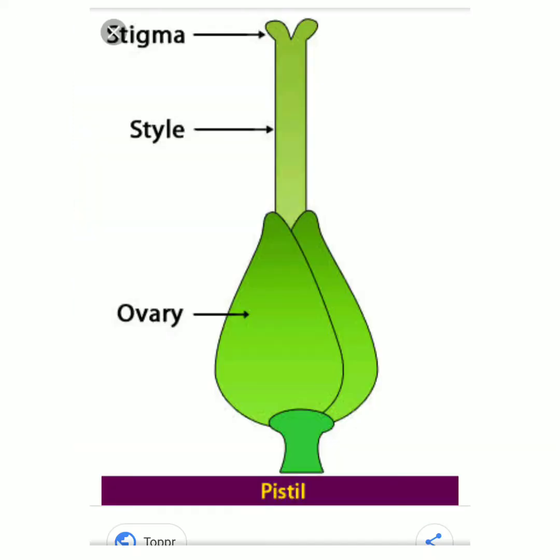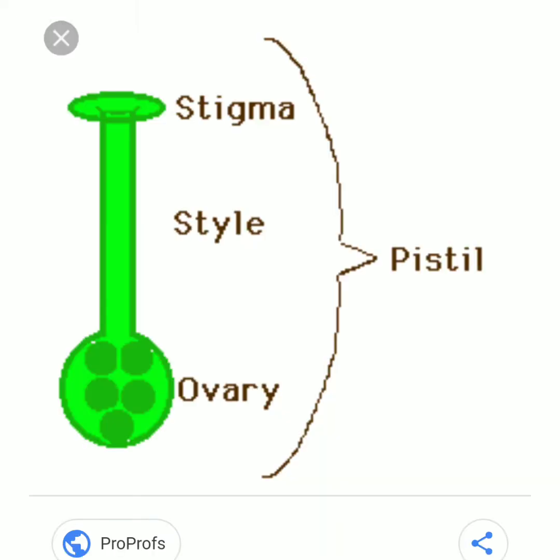The female reproductive part of the flower is the gynoecium, which has three parts: a basal swollen ovary, a long style, and a stigma at its tip. The single unit is the pistil; pistils are joined to form the gynoecium.